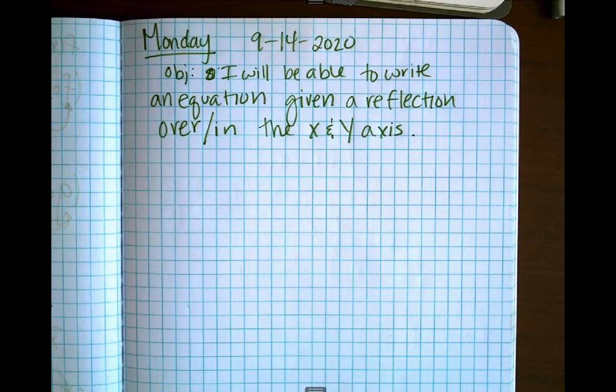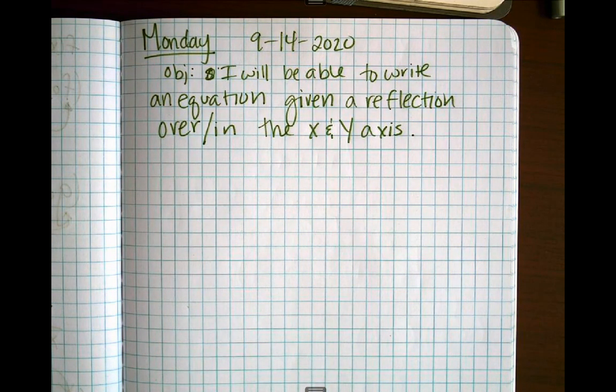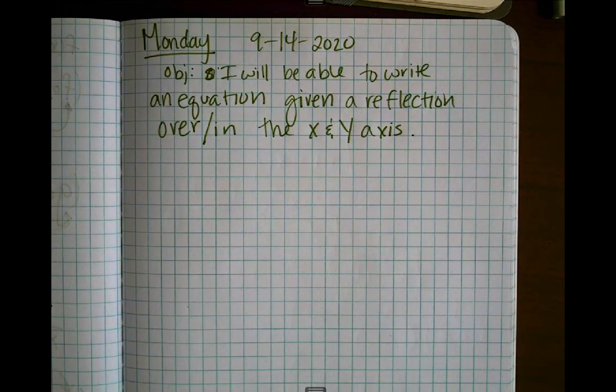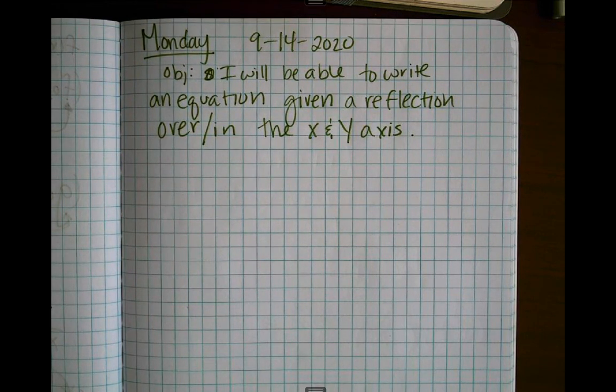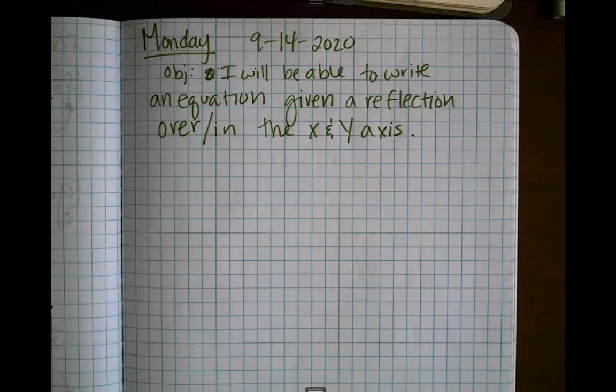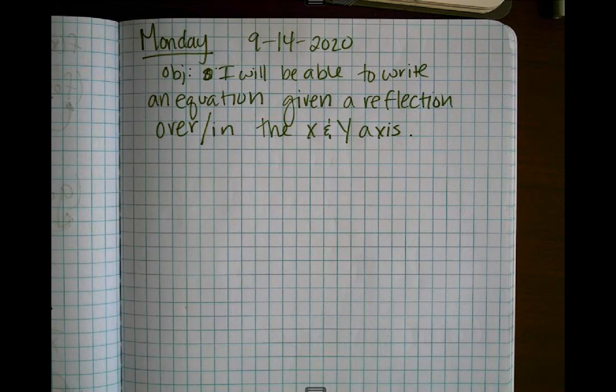So you would be a level 4 if you can do both the reflections over the x and y axis. And you'd be a level 3 if you can only do one of them. 2 would be maybe that you have some struggles setting them up, but you get the idea of where you need to go. Okay. So keep that in mind as we do this.